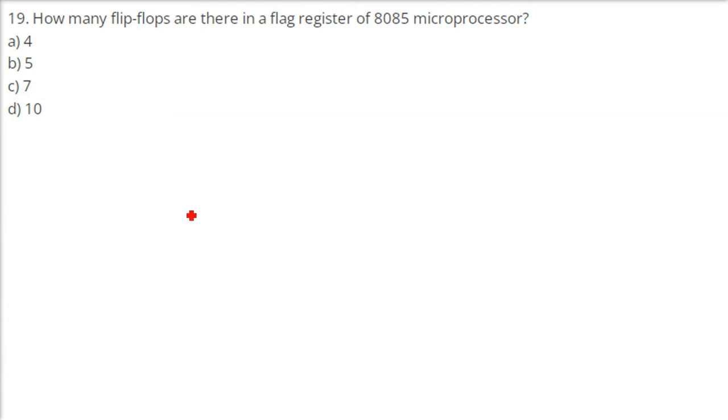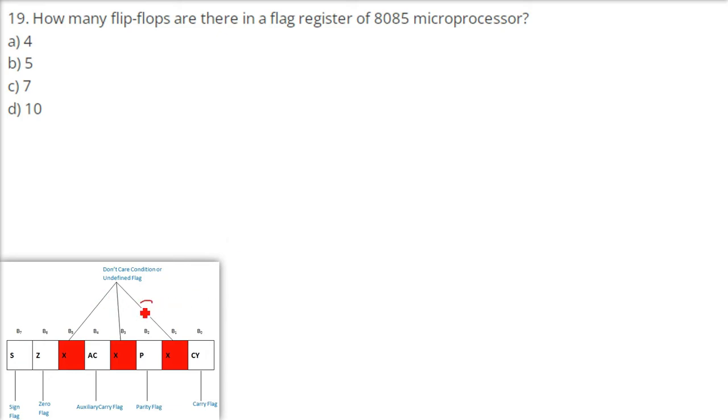How many flip-flops are there in the flag register of the 8085 microprocessor? We have an 8-bit register for showing the flags. One flip-flop holds 1 bit, and when we take 8 flip-flops, we start calling it a register. But all 8 bits are not used in the flag register.